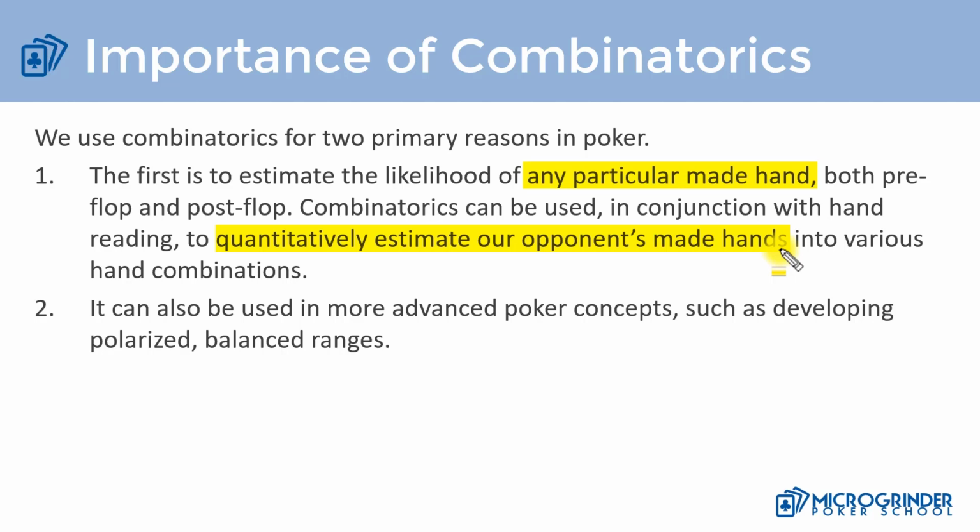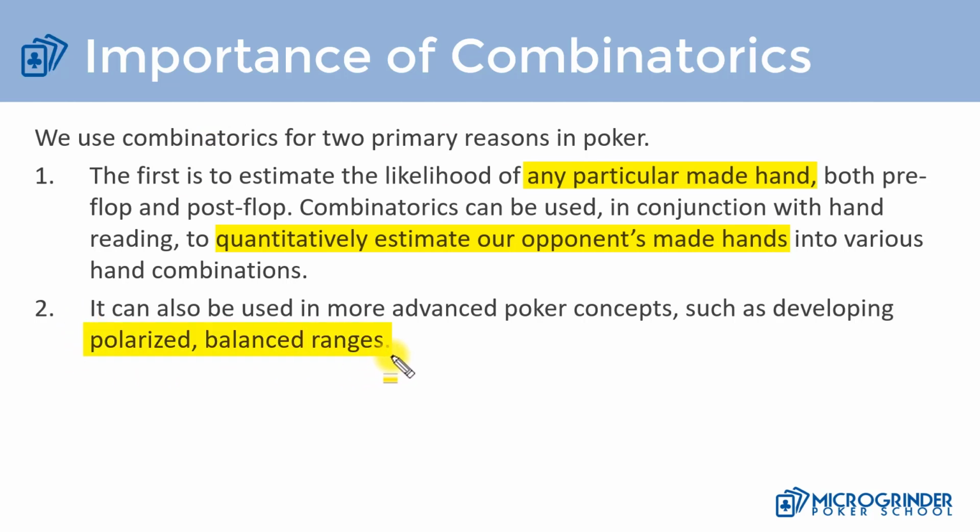In regards to more advanced poker topics, which are beyond the scope of this course, once we start playing a polarized style of play where we have bluffs and value hands, and we're playing a game theory optimal style of play, we can also use combinatorics to be balanced, meaning that our polarized ranges are completely balanced.